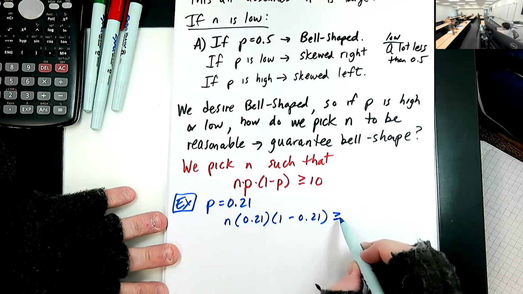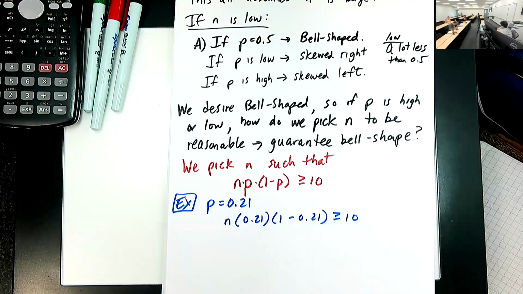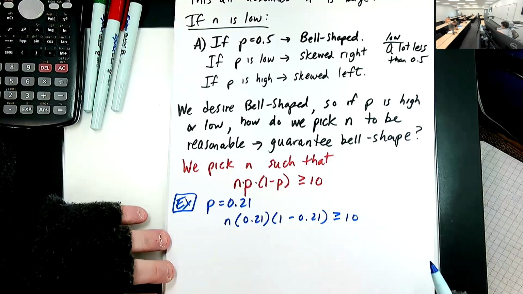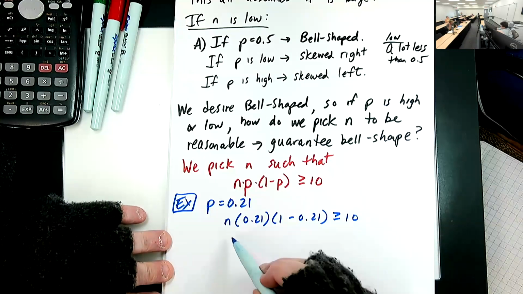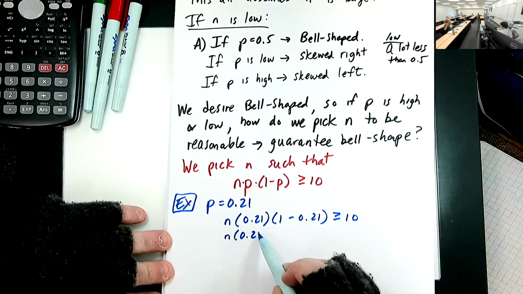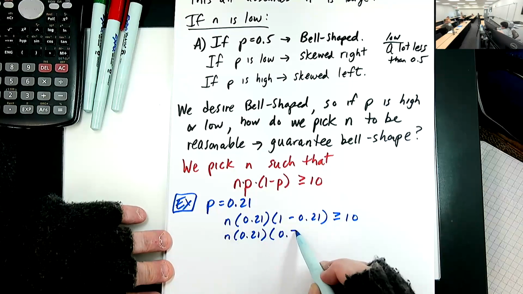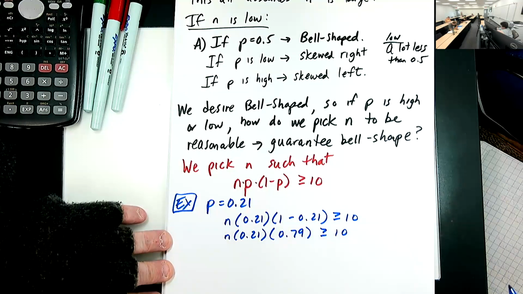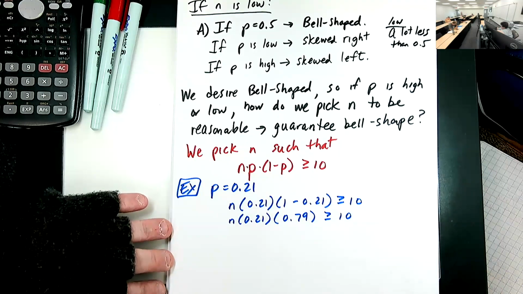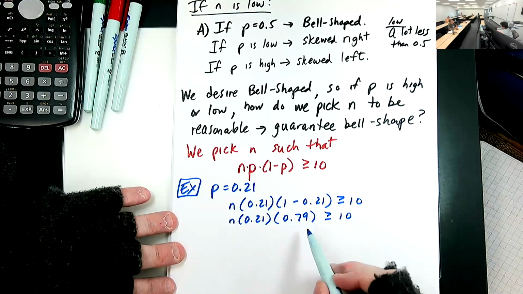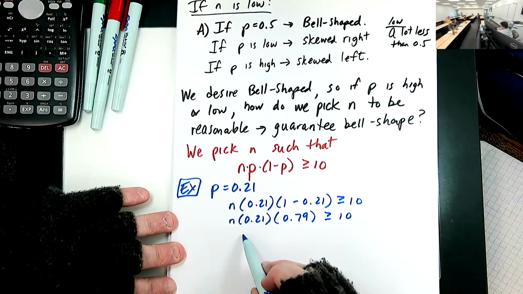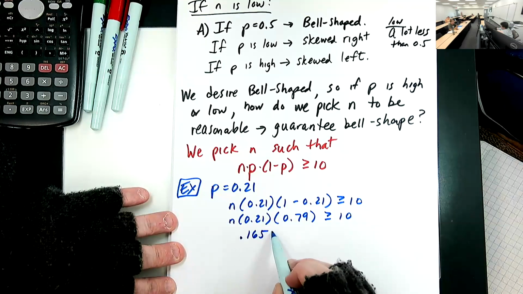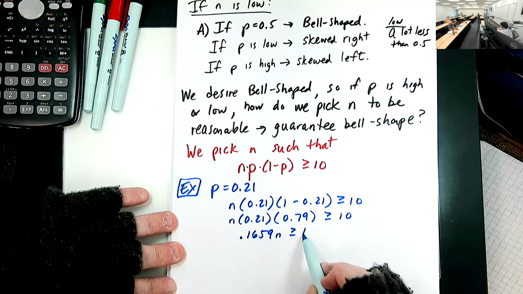I need that to be greater than or equal to 10. 1 minus 0.21 is 0.79. If I take the 0.21 and multiply it by the 0.79, I get 0.1659 times n is greater than or equal to 10.